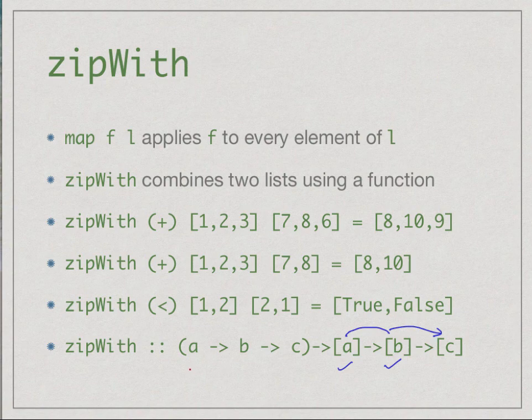So in general I have a function which takes two arguments of different types and produces a third type, and it takes as input a list of the first type, a list of the second type, and produces as output a list of the third type. So the type of zip with is A to B to C, to list of A, to list of B, to list of C.